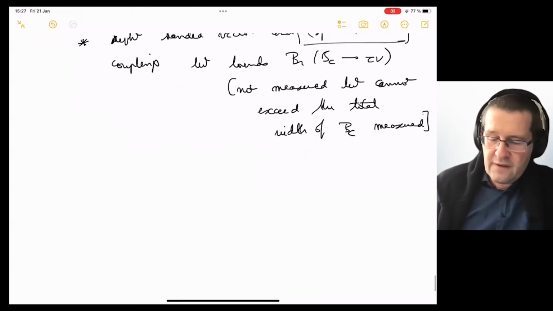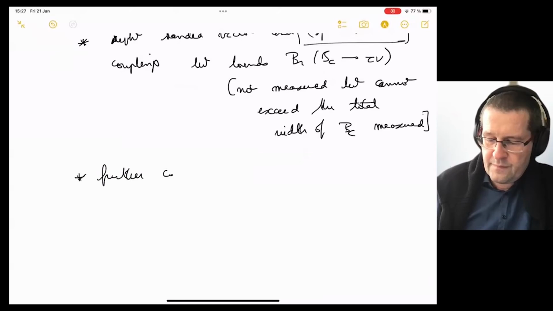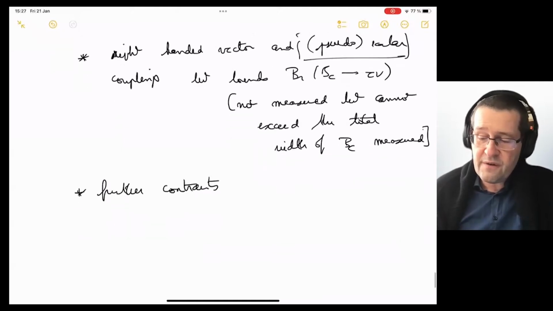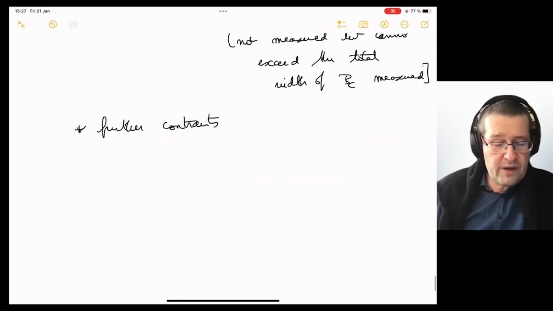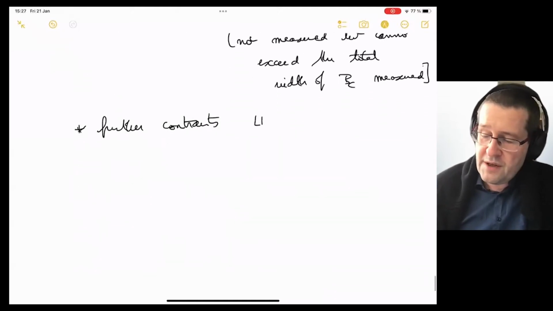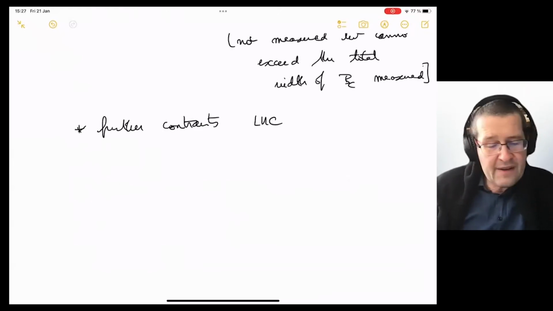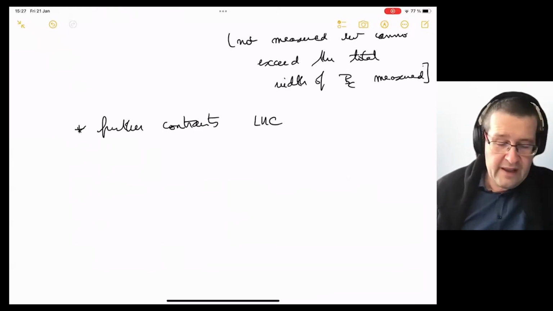Further constraints that are also not really going in favor of tensor or right-handed vector or pseudoscalar couplings come actually from LHC, but really LHC in the ATLAS-CMS way of thinking. How is it?